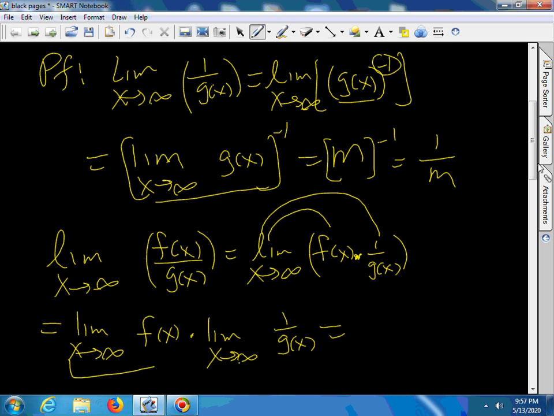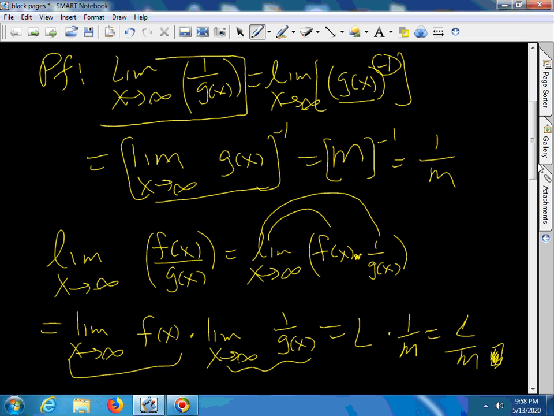Well, the first limit is L, and the second limit is 1 over m, and L times 1 over m is L over m. Theorem is proved. The main thing is that you had to establish that the limit of that fraction was 1 over m.